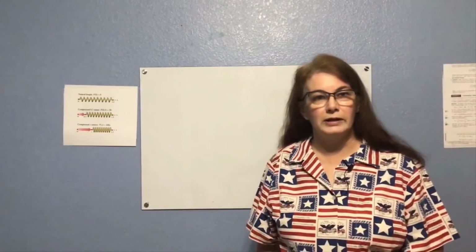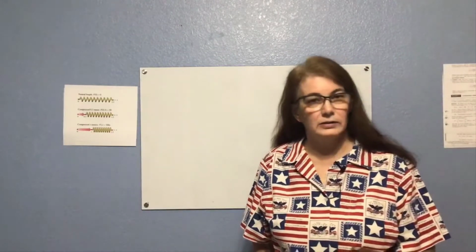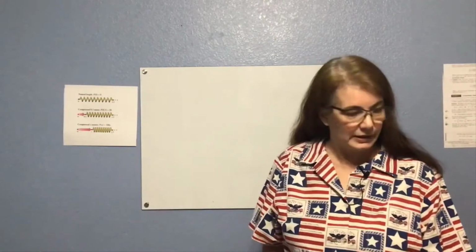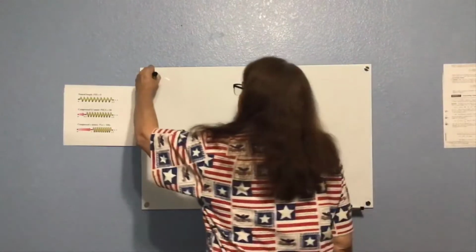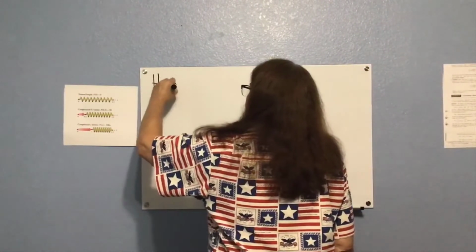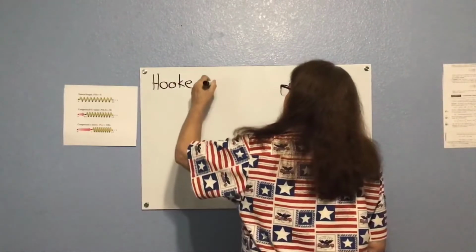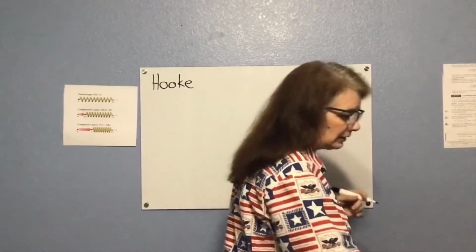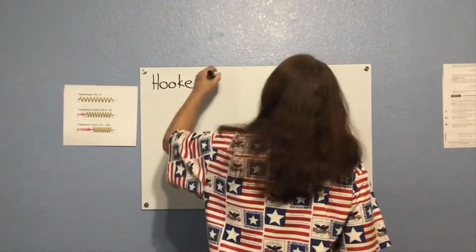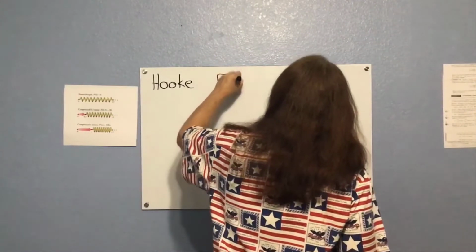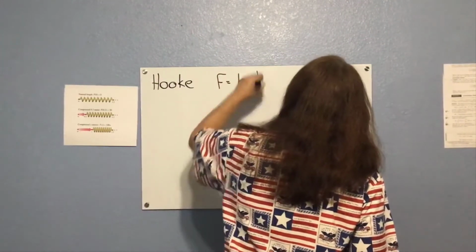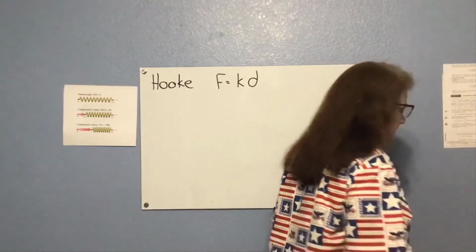The first law is Hooke's law, which has to do with stretching or compressing a spring. So when you see a problem with a spring, you should use this equation, F is equal to some constant K times the distance.